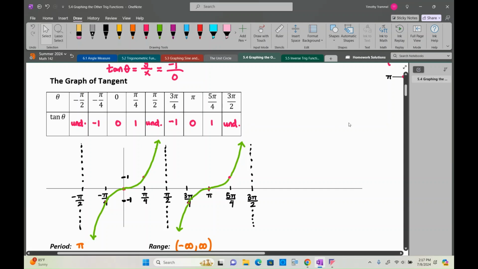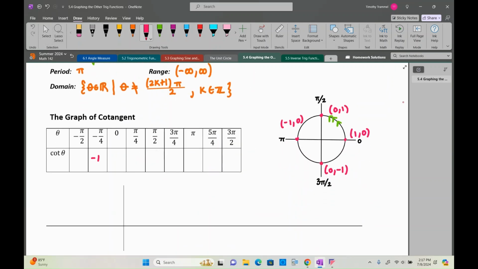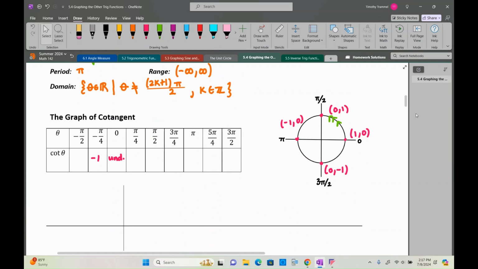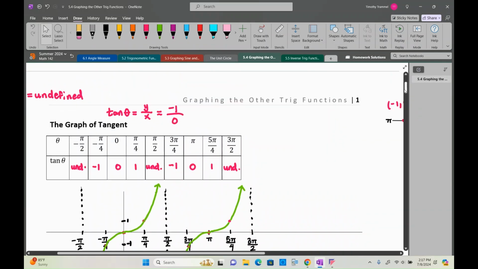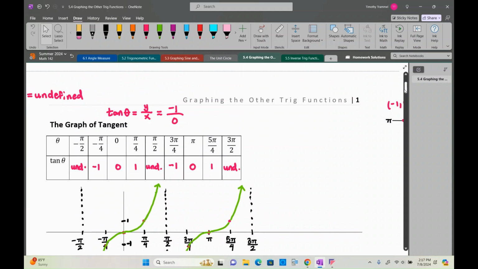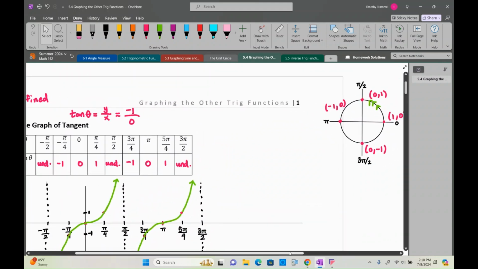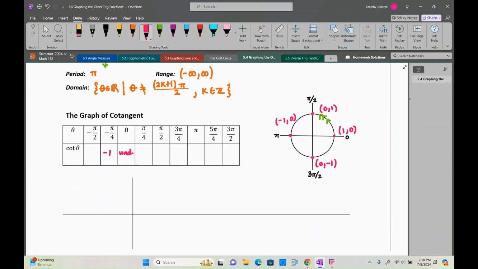Okay. So if you do 1 over 0, we're going to get undefined. So this will be u and d. If we go to look at tangent of pi over 4, it's 1. So if you do 1 divided by 1, you get 1. And again, I'm doing 1 divided by 1 because 1 over tangent is cotangent. So we have a 1 here.